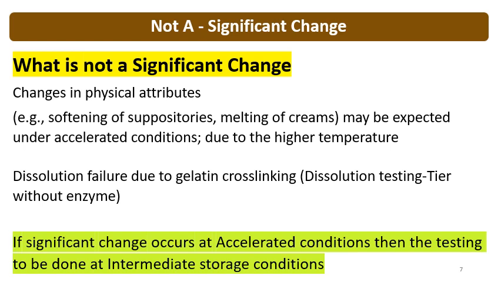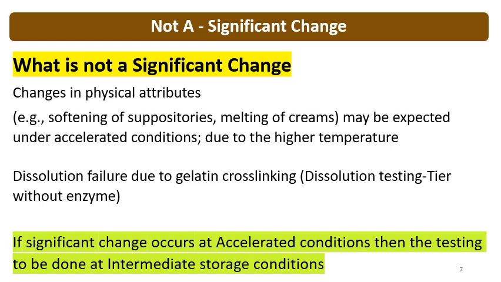Sometimes the capsules may change color due to higher temperature. Sometimes the degradation may be due to the melting of the API at higher temperature for the low melting point APIs. That time the change will not be considered as a significant change.